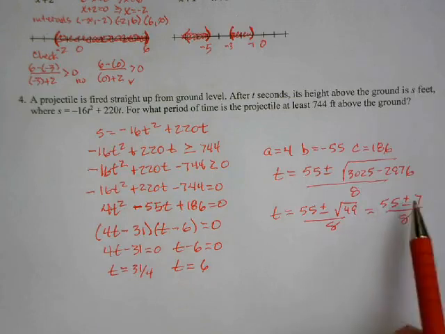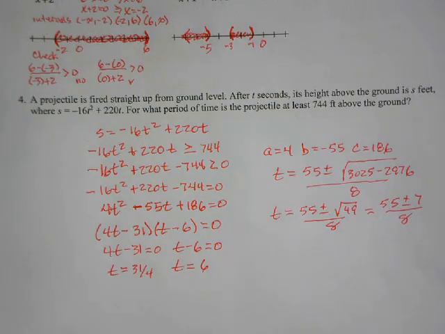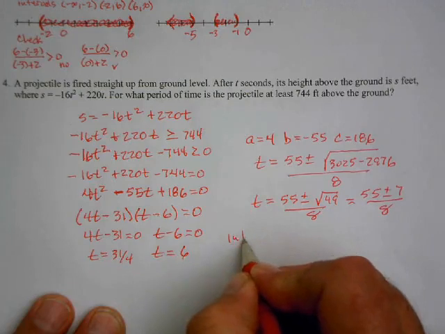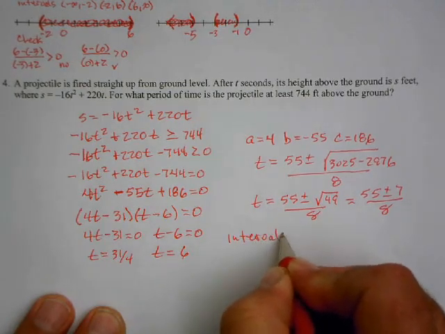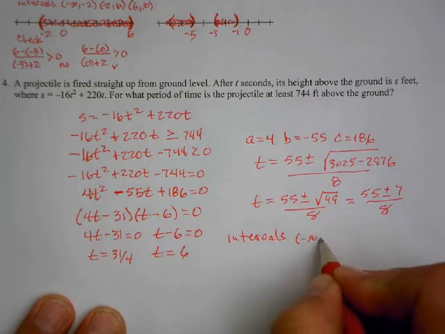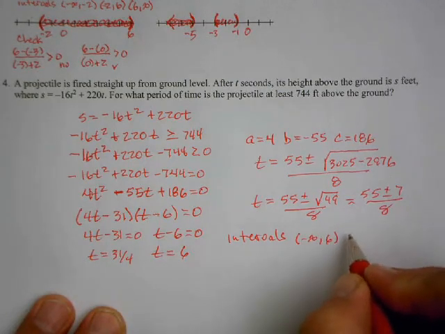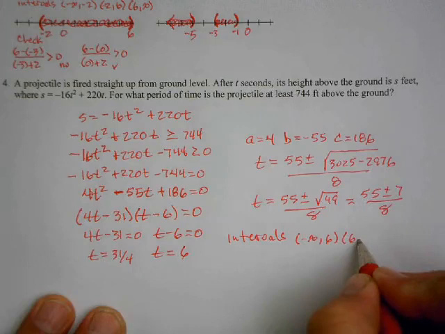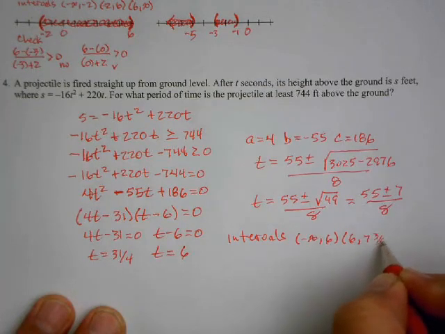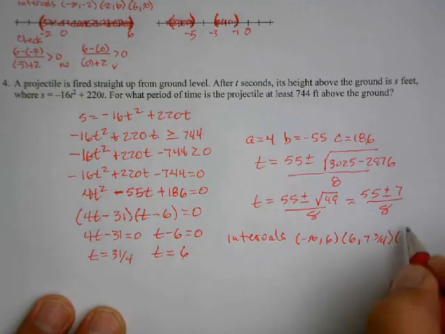Now, my intervals in this case will be negative infinity to 6, and then I'll have 6 to 7 3/4, and then 7 3/4 to positive infinity. Oops, got an extra line there.